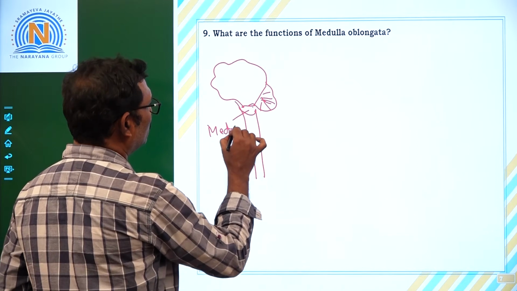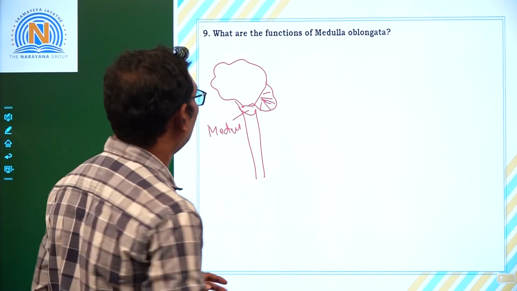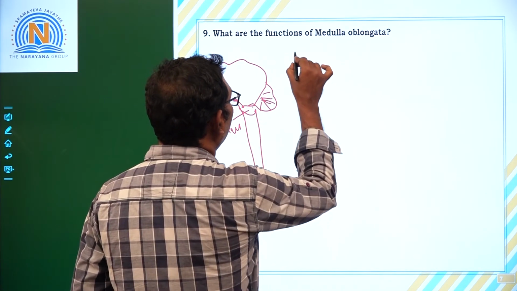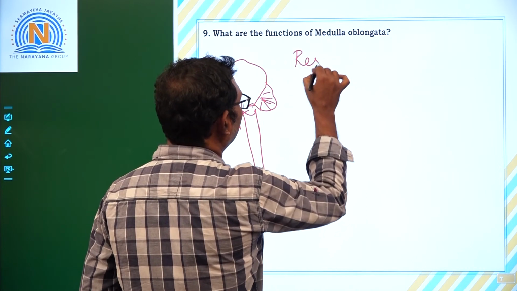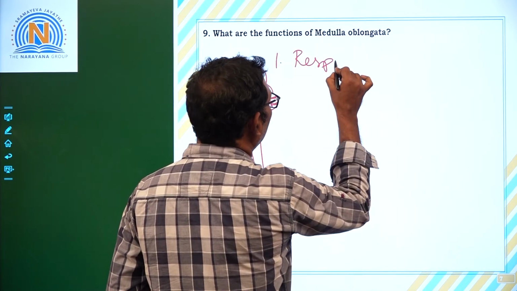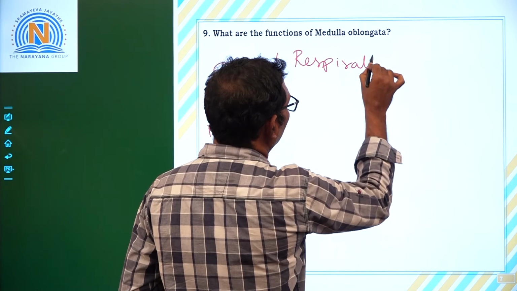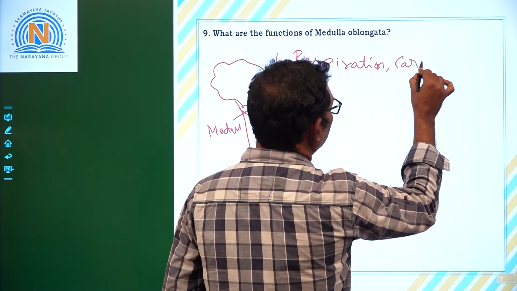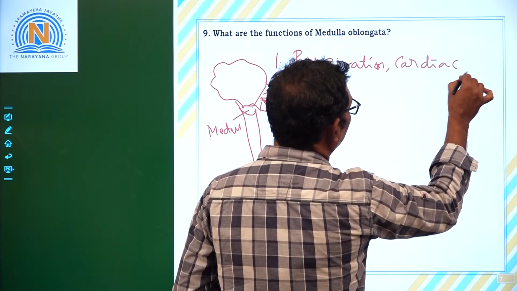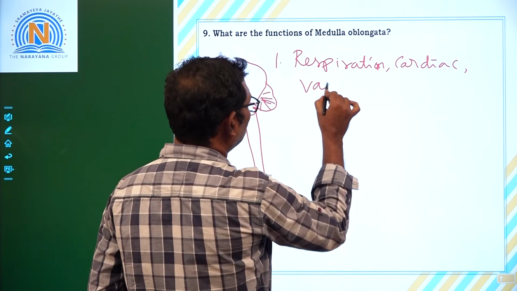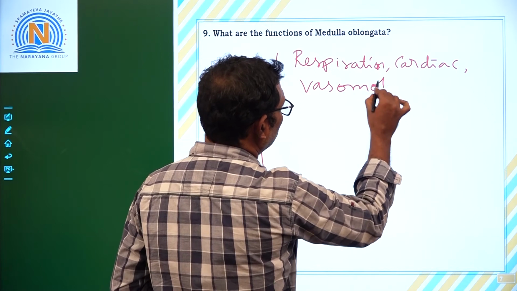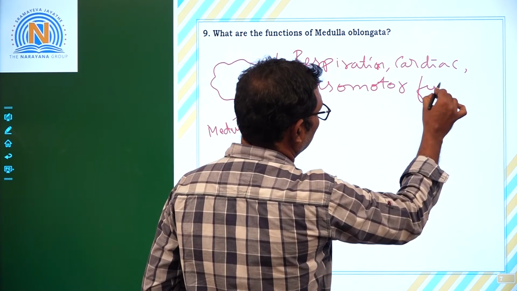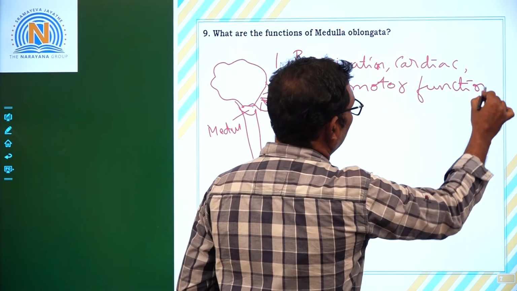What are the functions of medulla oblongata? It has centers for respiration, cardiac, that means heart, and also vasomotor functions. What is vasomotor?